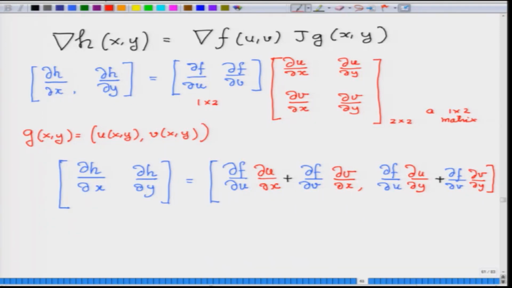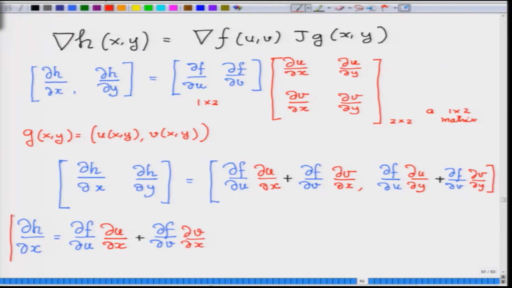So, I can now write del h del x is now del f del u into del u del x plus del f del v into del v del x. This is what I have as del h del x.